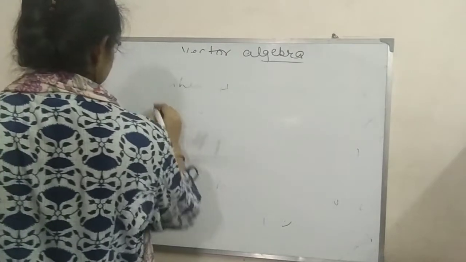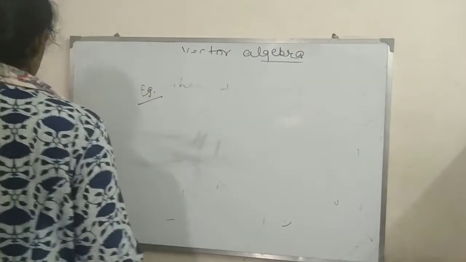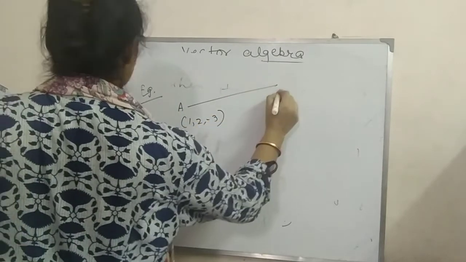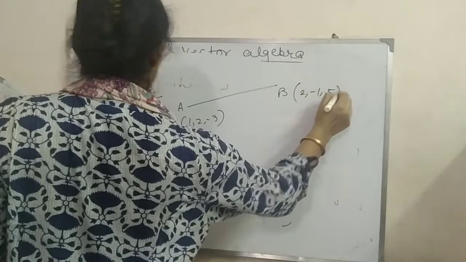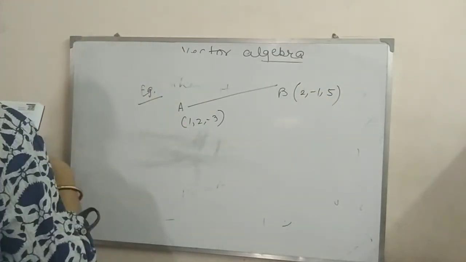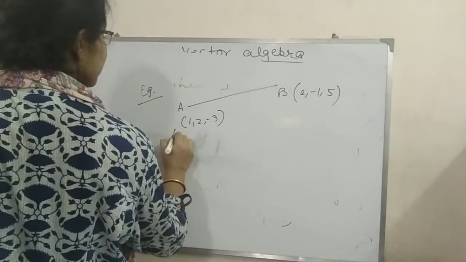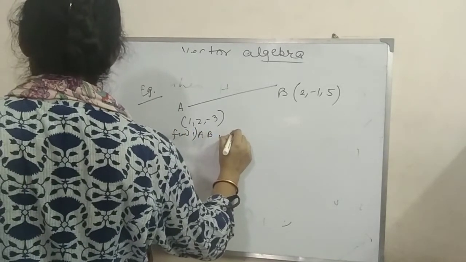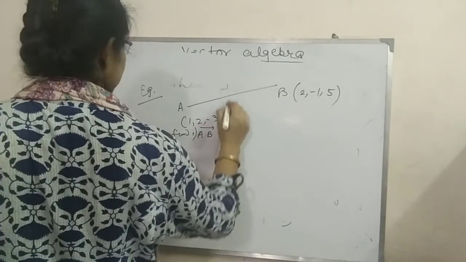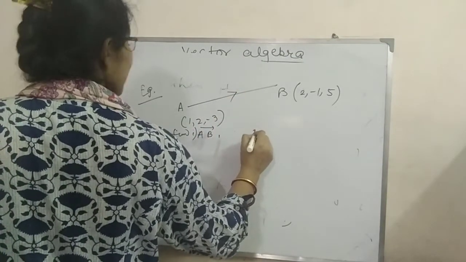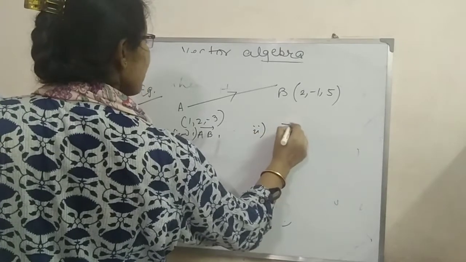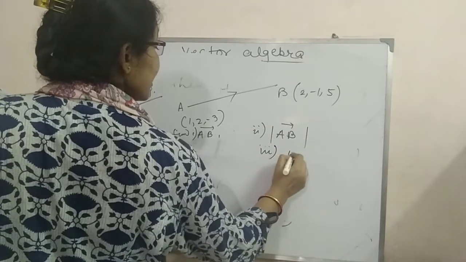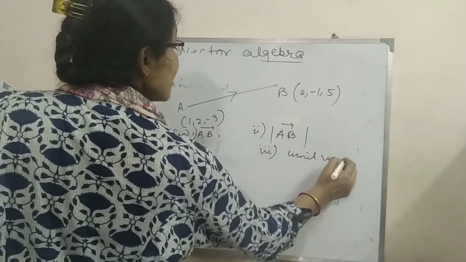Example, if A is 1, 2, minus 3 and B is 2, minus 1 and 5, find AB, then find AB bar, then unit vector.